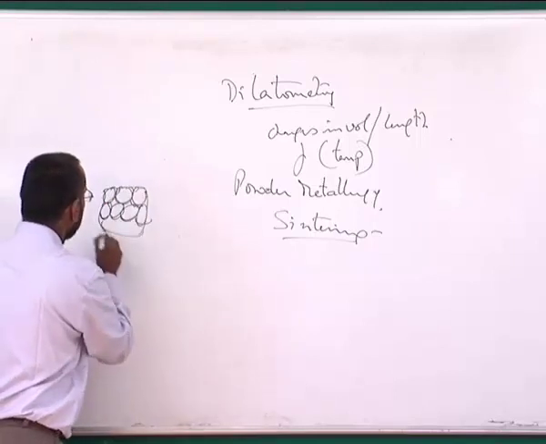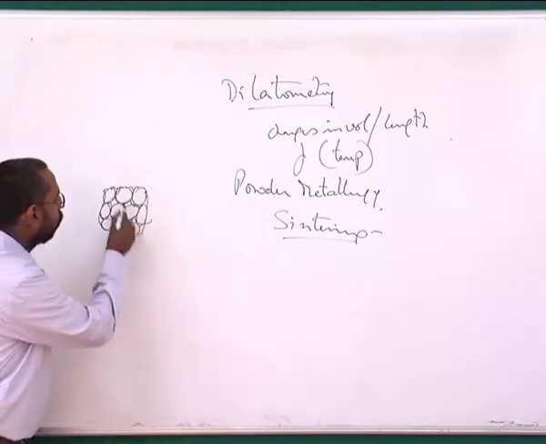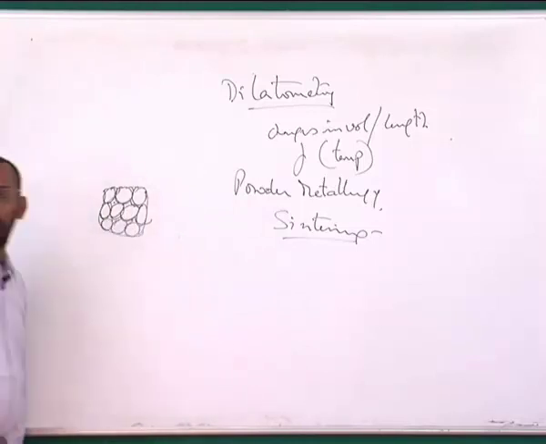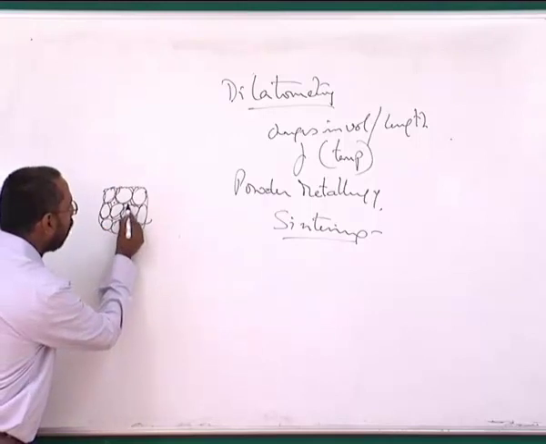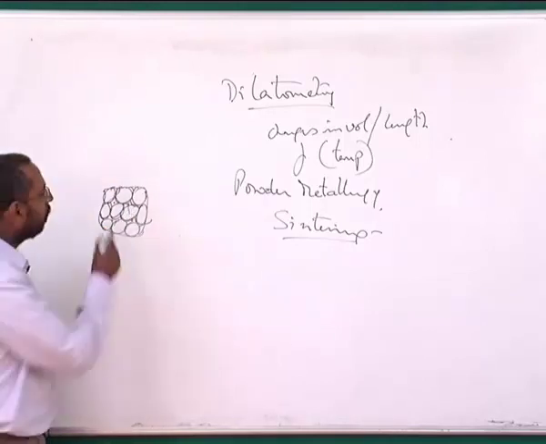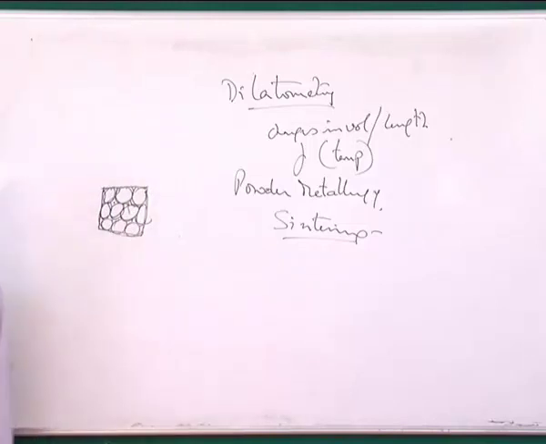Let's say I have green compacted, I have some holes here, these are all the porosity, and if I heat it, this porosity is going to be filled, and during this porosity filling, when the metal is trying to flow into this, you will see that if I start from a certain height or volume, there is a volume shrinkage, because the density is increasing.